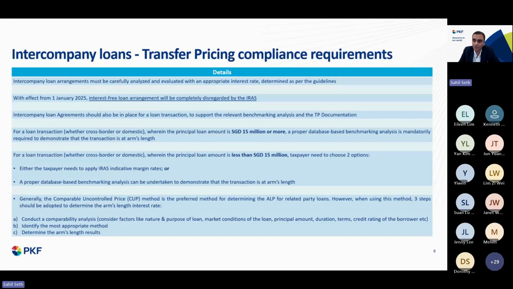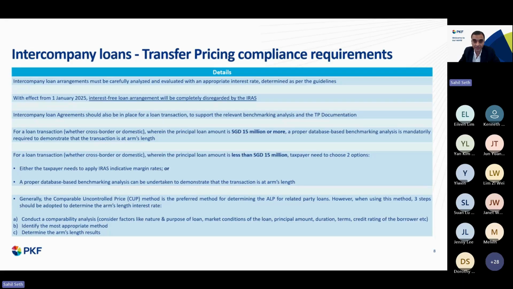So generally, what we have seen in our experience, is that sometimes people have this understanding that we can compare it with any XYZ market rate or any published rate. So that is not actually the correct way of doing it. If the principal is 50 million or more, then a proper database analysis using a proper financial database needs to be undertaken, because there are many elements to be analyzed for intercompany loans.